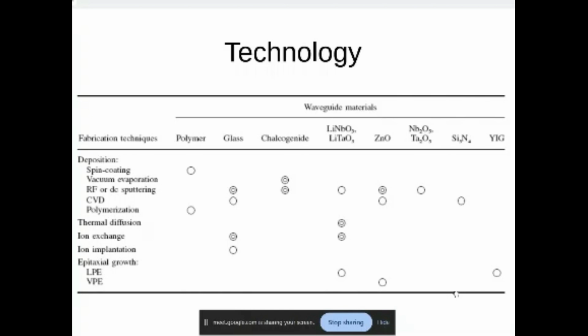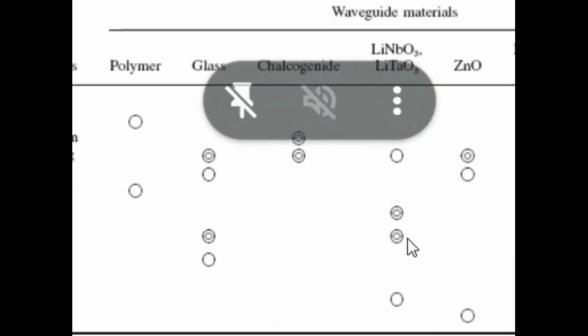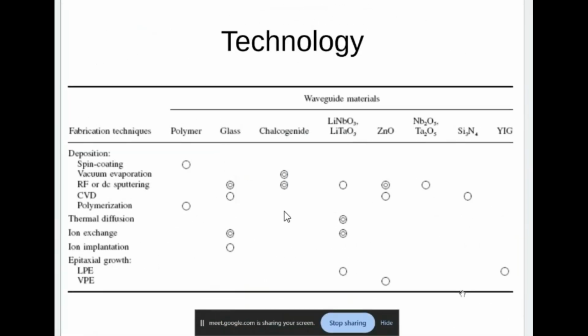There are various material systems. Polymers people have been using. Glass is of course popular for passive devices. Then you have sulfides, lithium niobate, then magnetic materials, if you want to use polarization dependent properties. I would like to say nitride is a very popular material now in VLSI. In a lot of CMOS technologies, instead of oxide, they put additional layers of nitride.